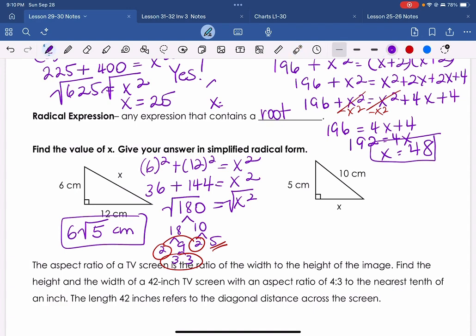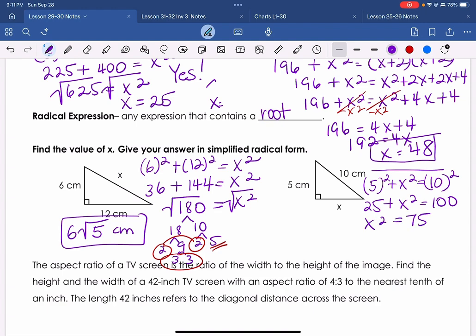Okay, so we have 5 squared plus x squared equals 10 squared. 25 plus x squared equals 100. Move the 25 over to get 75. We take the square root of both sides.